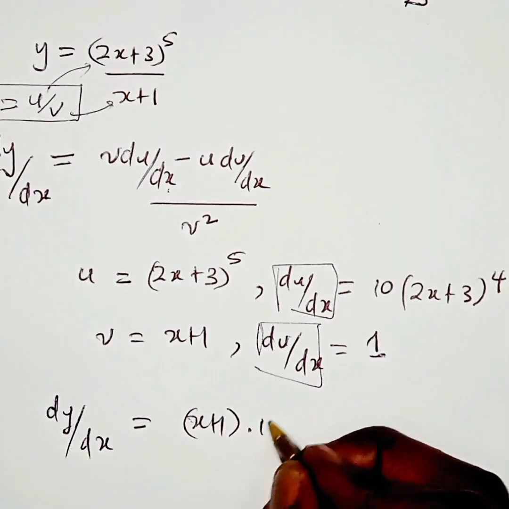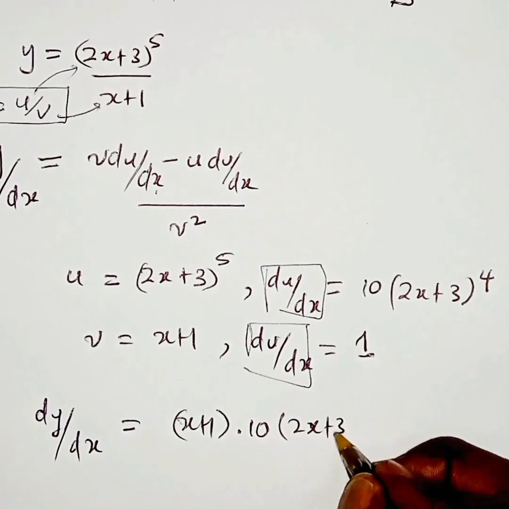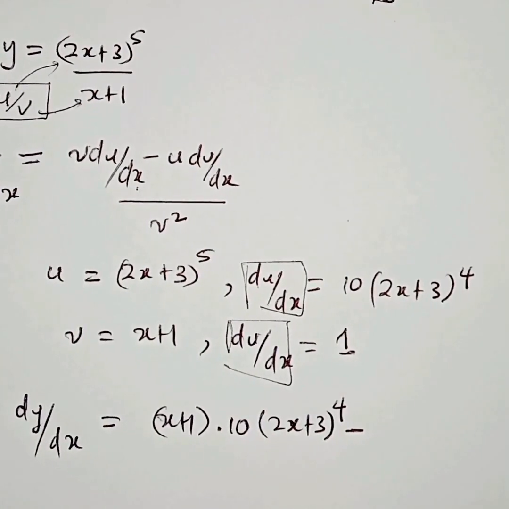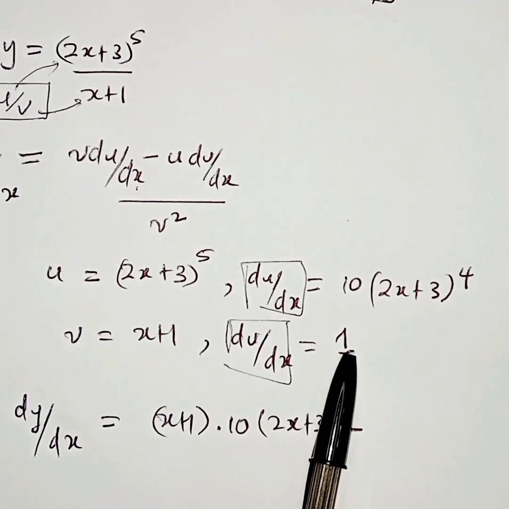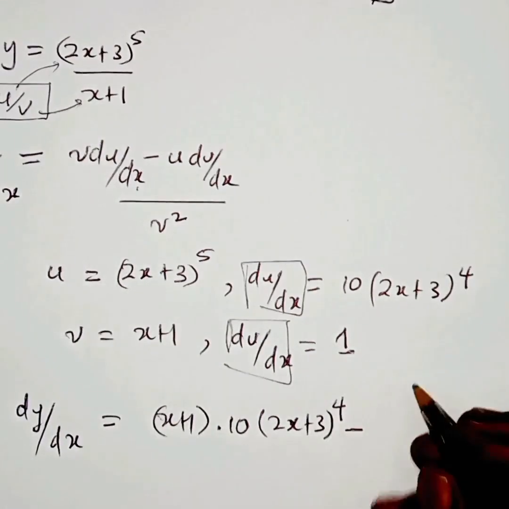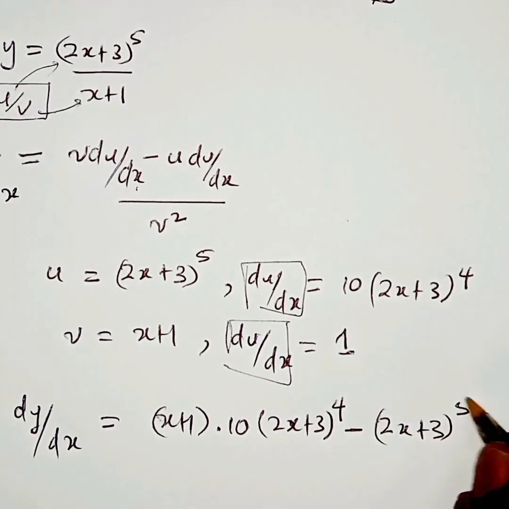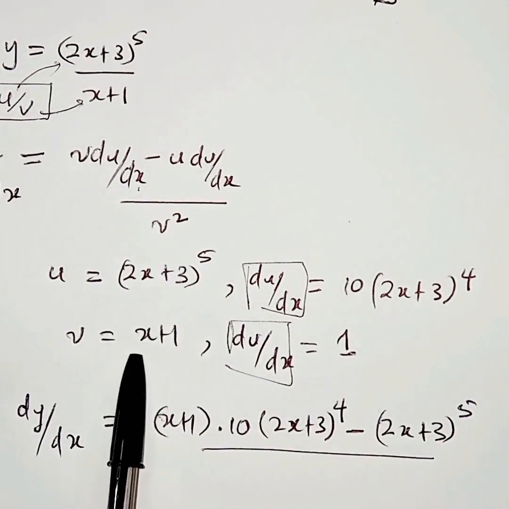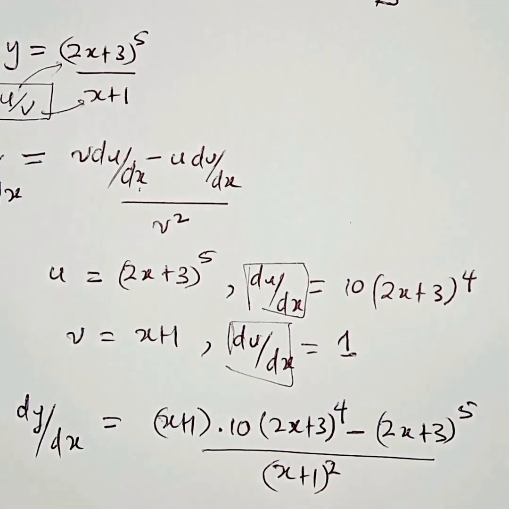So that's multiplying 10 (2x plus 3) to the power of 4, minus, we're subtracting u dv/dx. dv/dx is 1 and u is that one. So we're just going to multiply 1 times that, and we are going to get (2x plus 3) to the power of 5. And all of that is being divided by v squared. And our v is x plus 1. So we're going to say (x plus 1) squared.